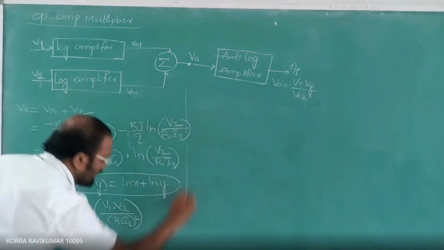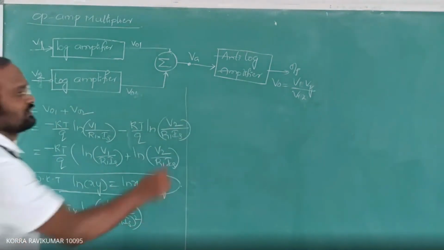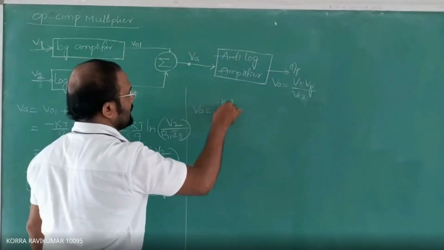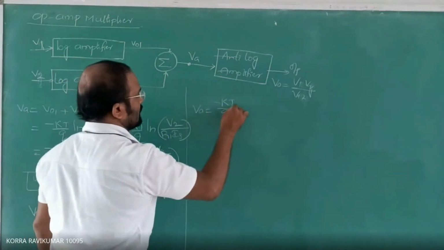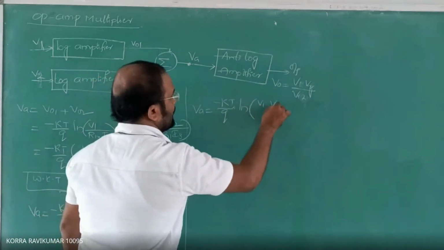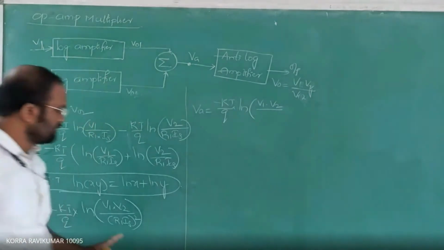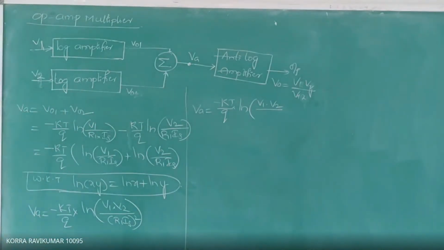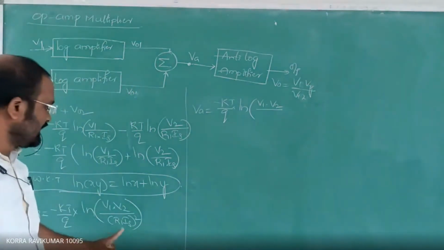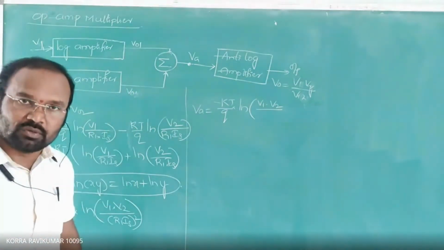I can rewrite this expression as VA is equal to minus KT by Q into natural logarithm of V1 into V2 by R1 into IS. Current into resistance is equal to voltage.